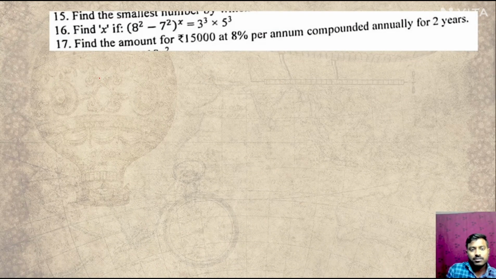Find x. Question 16: (8 square minus 7 square) whole to the power x is equal to 3 to the power 3 into 5 to the power 3.